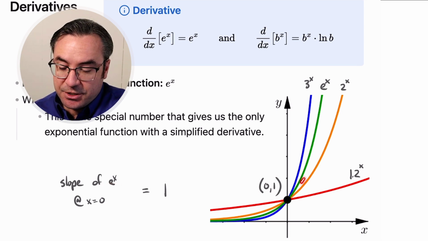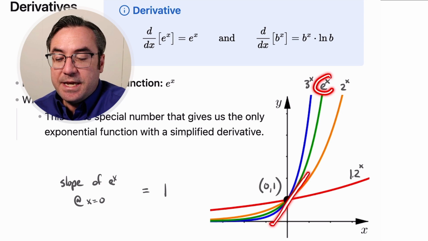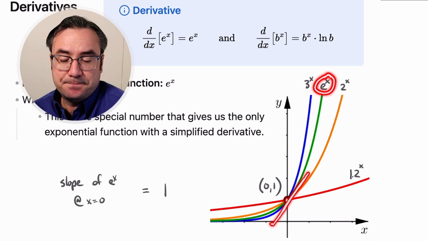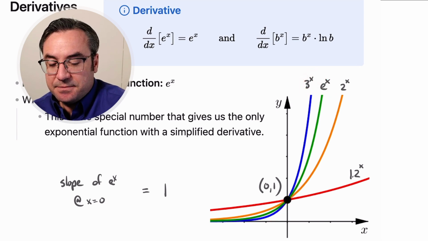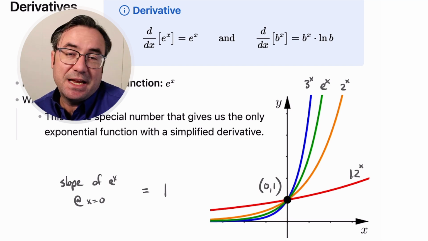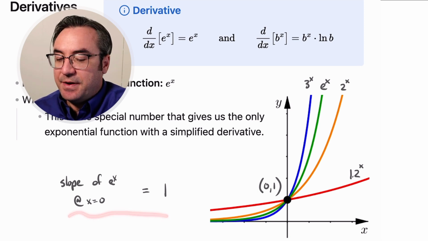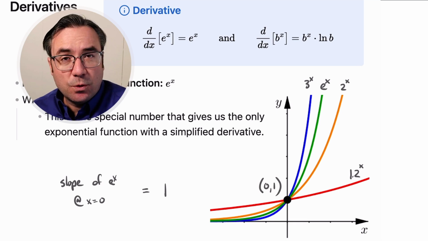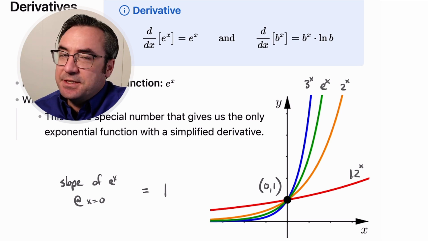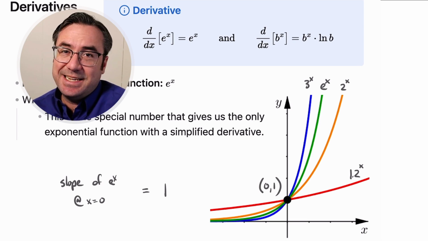If we were to graph the tangent line at x equals 0, only e to the x has a tangent line with slope equal to 1 at that point. So for 3 to the x, the tangent line is going to be a little steeper. For 2 to the x, the tangent line is going to be not as steep. And it's this property, the fact that e to the x has a slope equal to 1, that makes its derivative so nice. And that's why we primarily use this exponential function in calculus courses.